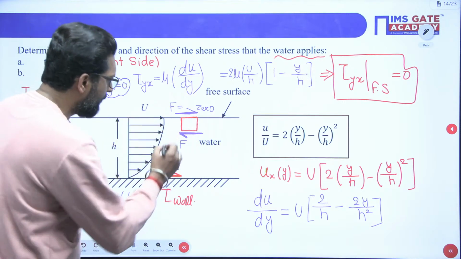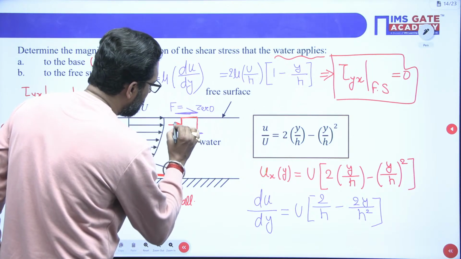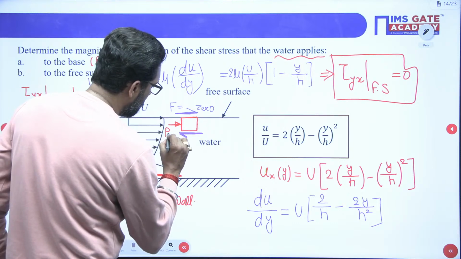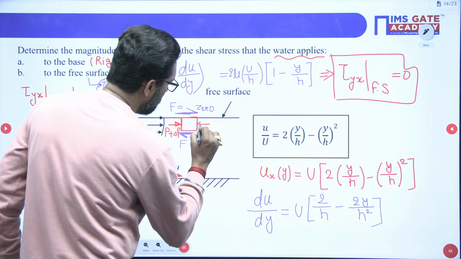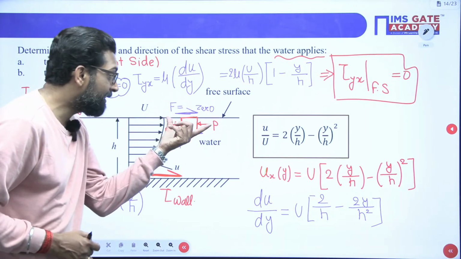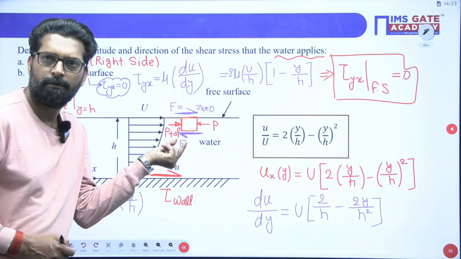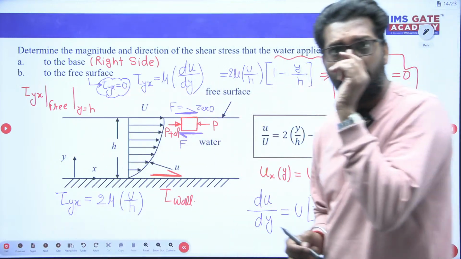In this direction there is a high pressure, that means P plus delta P. In this direction there is a low pressure P. So this pressure difference is balanced by this force. Is this clear?